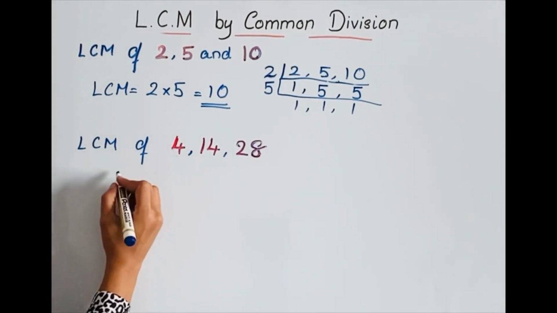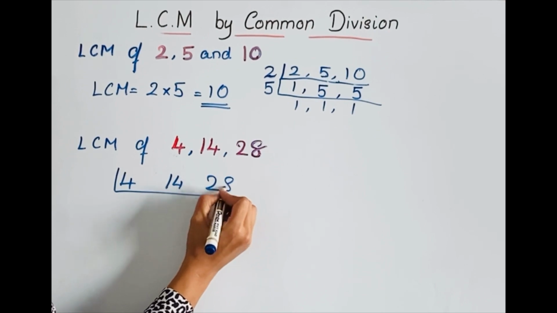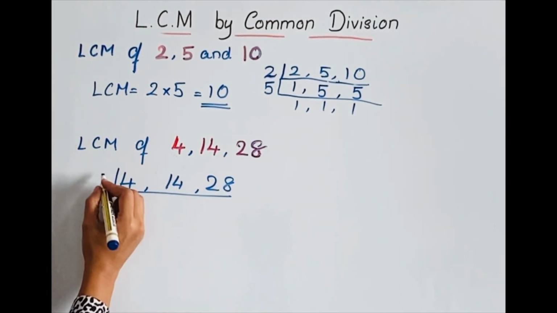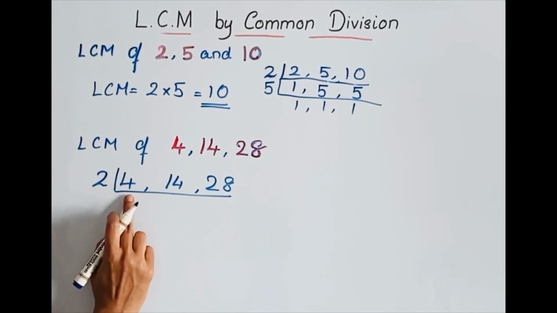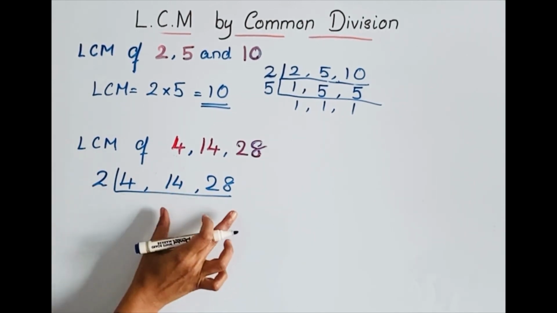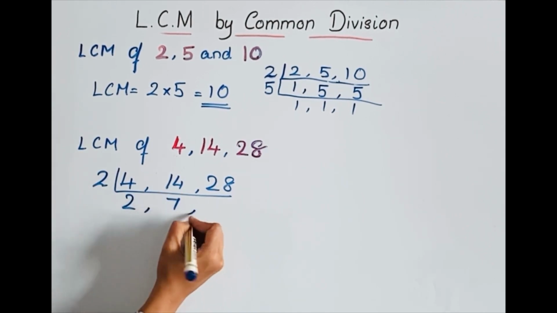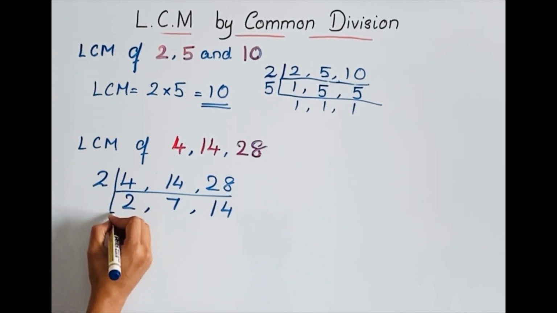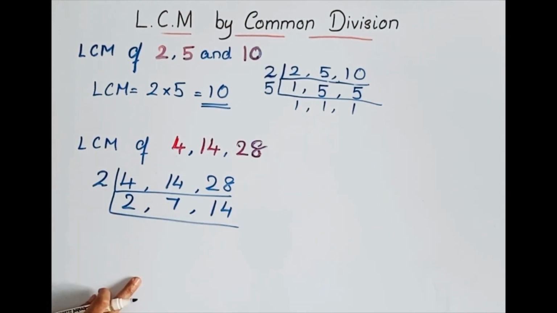For these numbers 4, 14 and 28, the common factor of all these numbers is 2. As they are even numbers, 2 is the common factor for all of them. So 4 divided by 2, 2. 14 divided by 2, 7. 28 divided by 2, 14. Next, is there a common factor for all these three numbers?